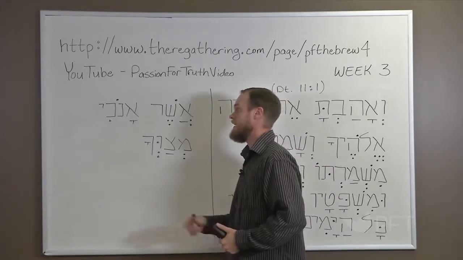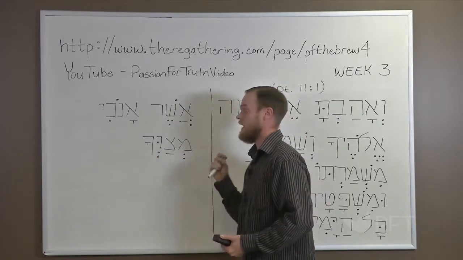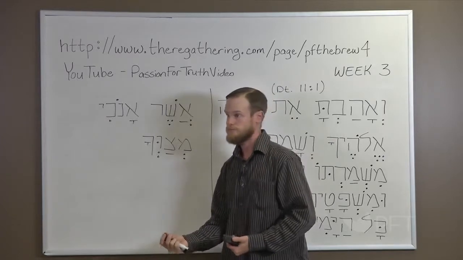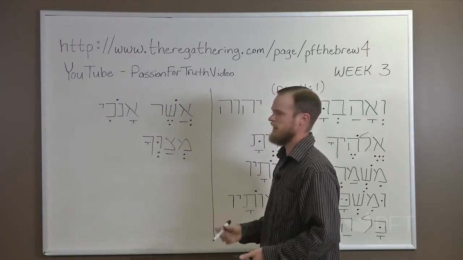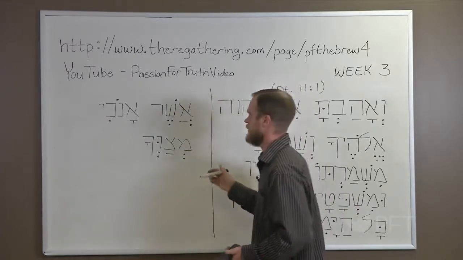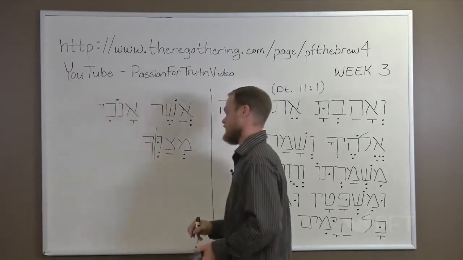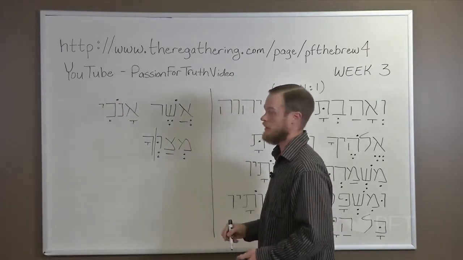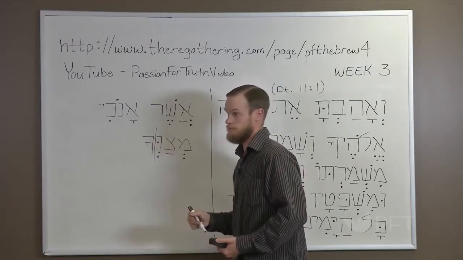Verbs can, in fact, take pronominal suffixes, and what those suffixes do is they indicate the object of the verb. In the future I may have a list of all those put together, but for now just know that this is still the second person masculine singular. So the object of this verb is you, the one being spoken to.